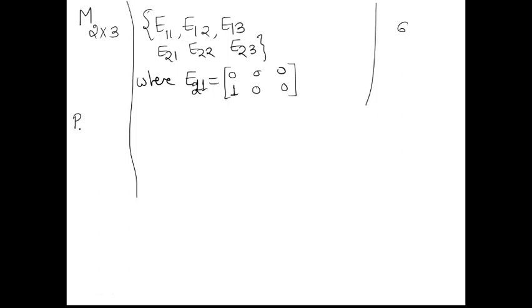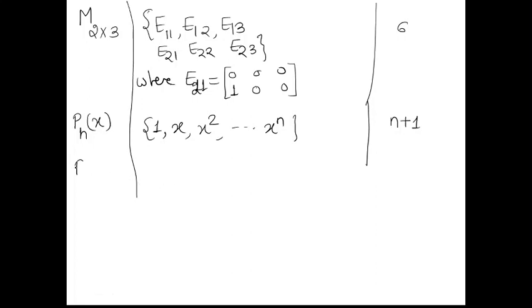Now the next vector space is polynomial space, which we denote by Pn of x or simply Pn. Its standard basis has elements 1, x, x square, up to x raised to n. So the dimension, if you count them, comes out to be n plus 1. That's why the dimension is n plus 1.